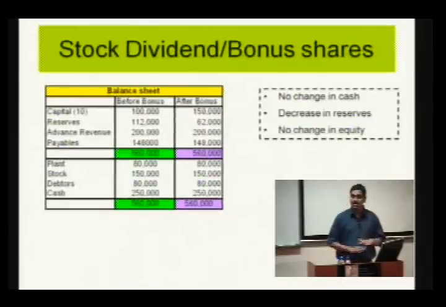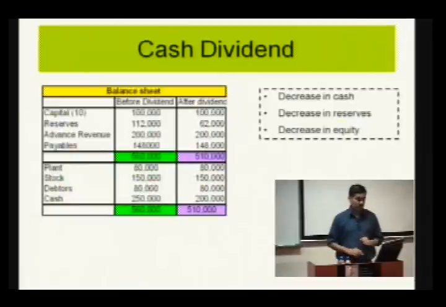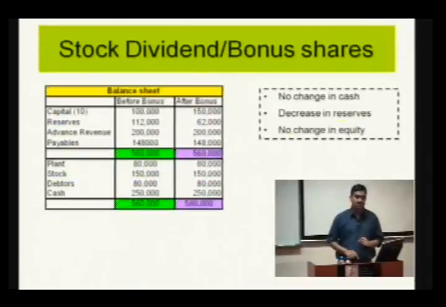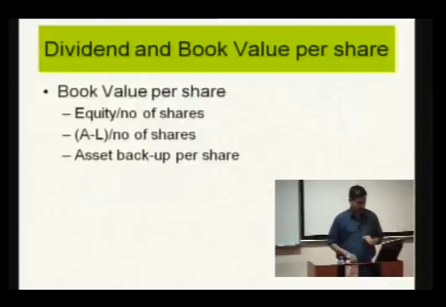In case of stock dividend, no change in the cash. In case of cash dividend, the reserves fall, as well as in the stock dividend, reserves fall. The dividend will affect the book value per share. Book value per share is also called the asset backup per share, which is calculated as equity by number of shares or assets minus liabilities by number of shares.